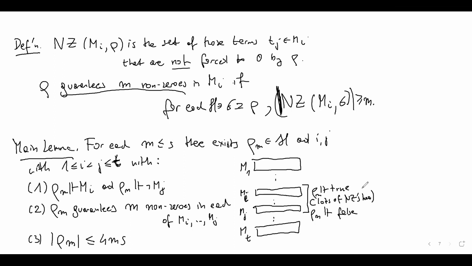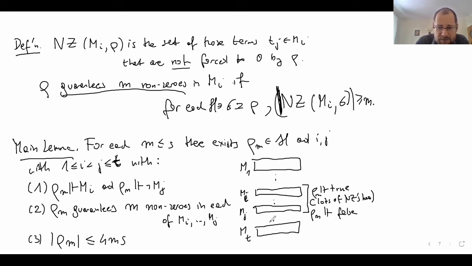So M1 is the empty configuration. There's nothing in it, so it's automatically forced to true, right? There's no way of forcing it to false because there's no polynomial in it. So any assignment trivially forces this guy to true.